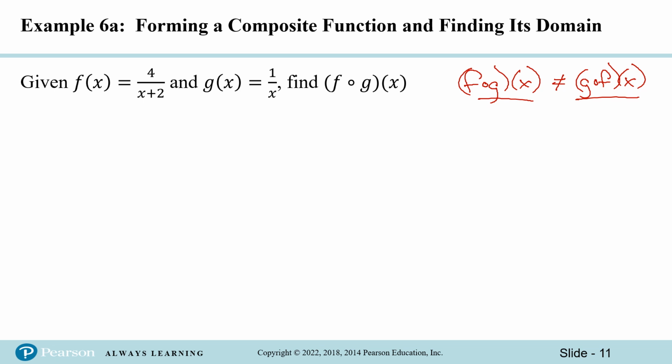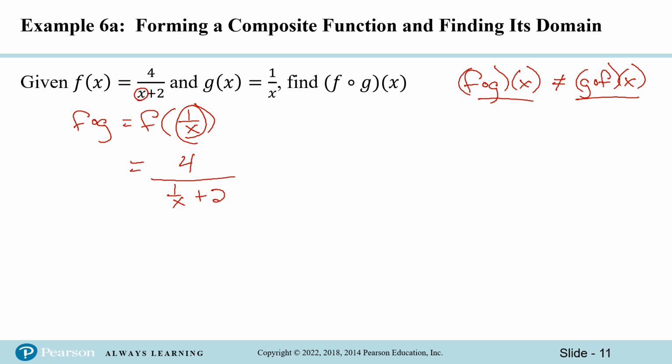These are rarely the same. It happens occasionally, but that's the exception, not the rule. So let's find f composed with g. So f composed with g is f of g of x, which is 1 over x. So I'm going to take 1 over x and plug it into my f function. So 4 over, replace my x with 1 over x, plus 2. This needs to be simplified.